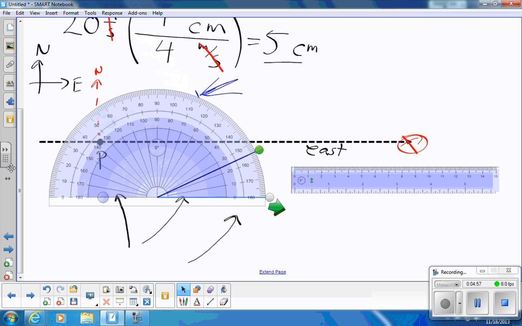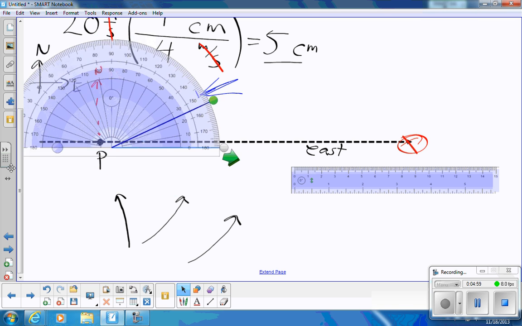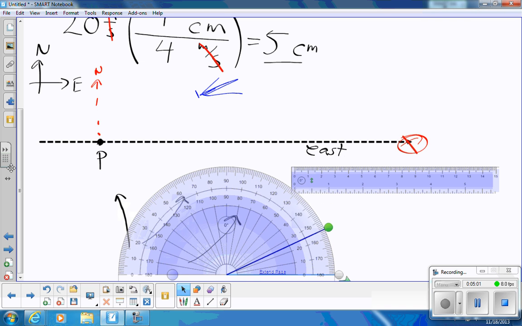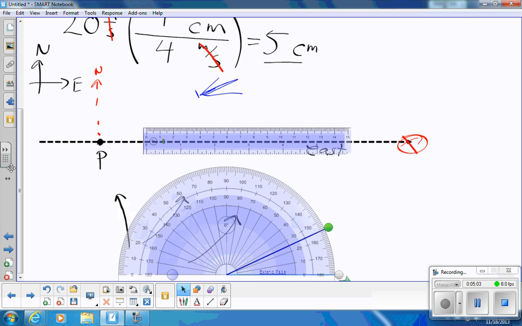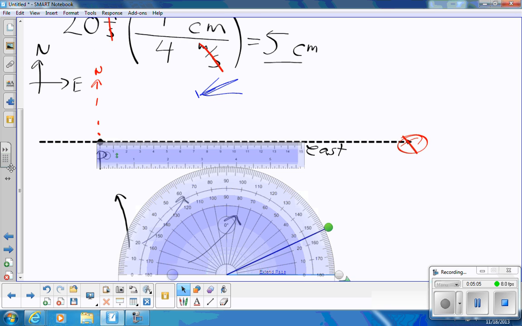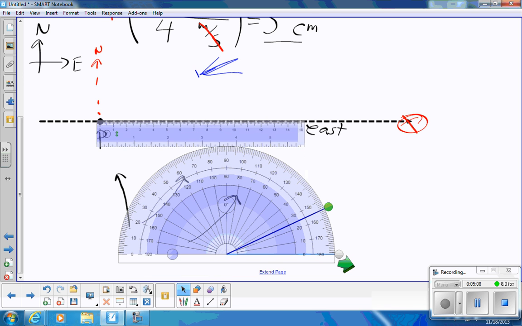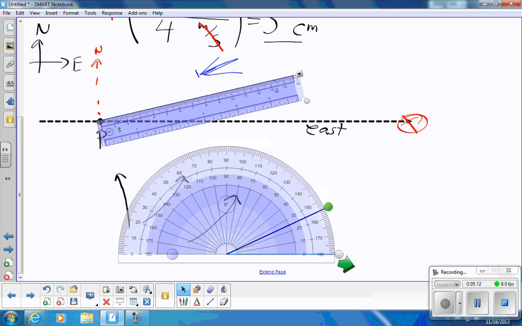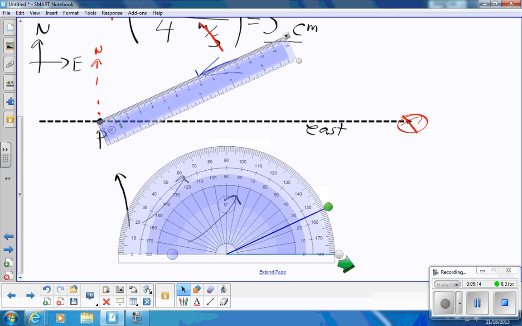All right, if I get rid of the protractor, I just still have the mark that I made. And this is a key thing. I now want to bring my ruler in here, and I'm going to rotate my ruler until it's lined up with that tick mark that I put. So the ruler goes through point P and to the tick mark, and I've got the 0 mark at point P. Now I'm ready to draw this vector.